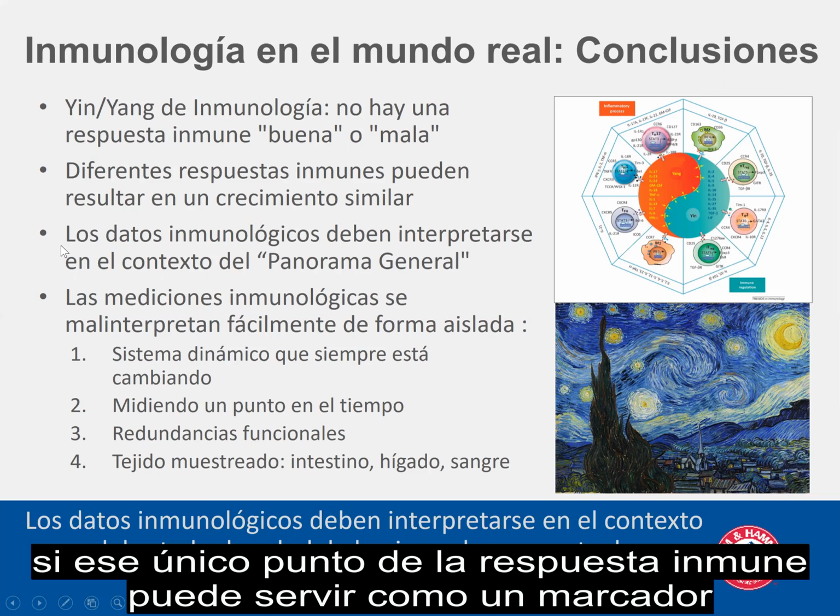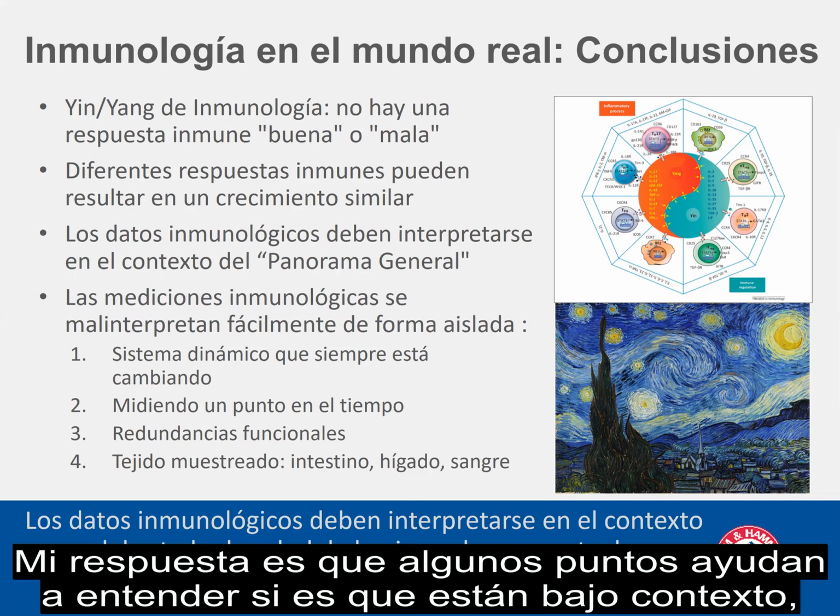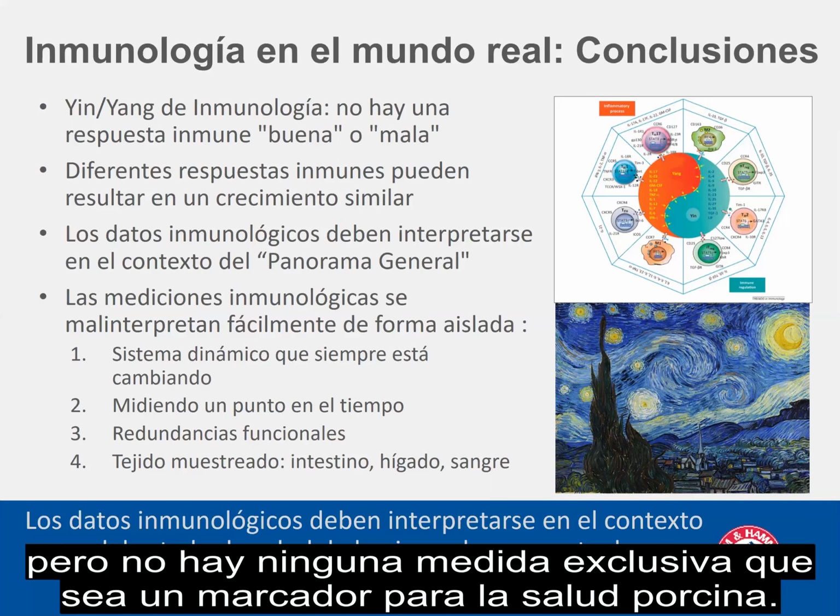So just measuring one aspect of that immune response, I often get the question, is there one aspect of the immune response that can serve as a biomarker for pig health? And my answer to that is, there's certain ones that can help you understand it in context, but really no, there's no one measurement for a biomarker of pig health.